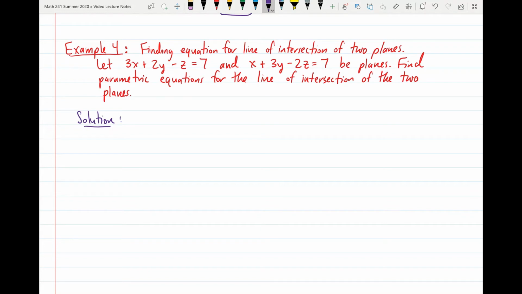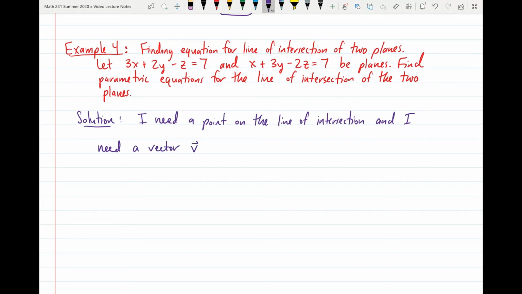So to find the parametric equations for any line in space, I need 2 things. So I need a point on the line of intersection, and I need a vector, which I will call V, parallel to the line of intersection.